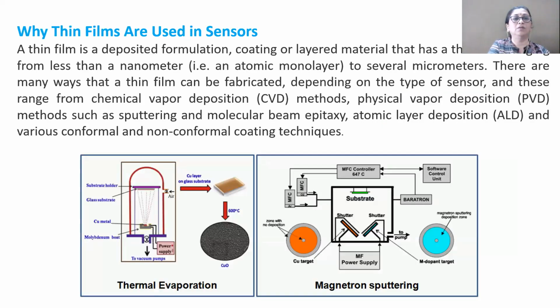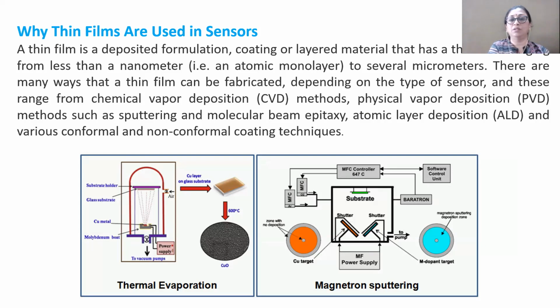Okay. Now, as you can see here, there are different techniques which are used for thin film sensor manufacturing. The names of these techniques you need to know: chemical vapor deposition technique, physical vapor deposition technique, molecular beam epitaxy, and atomic layer deposition technique.